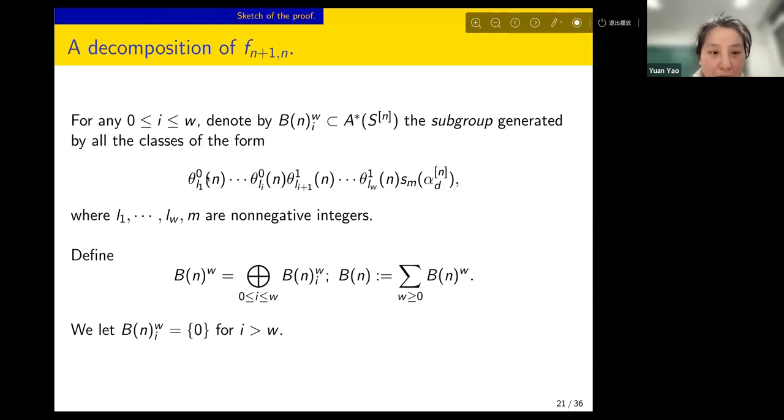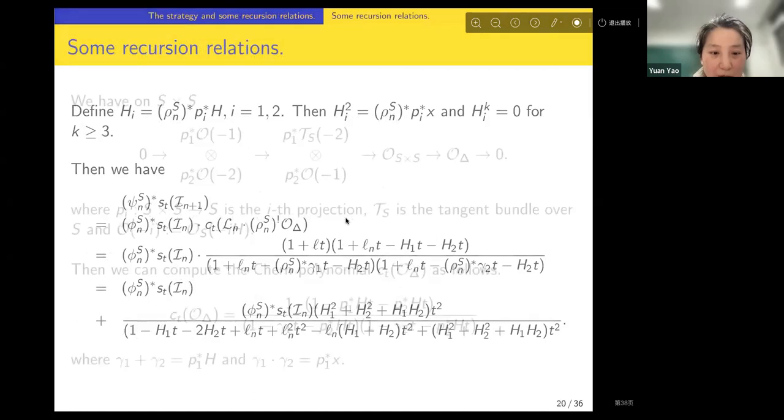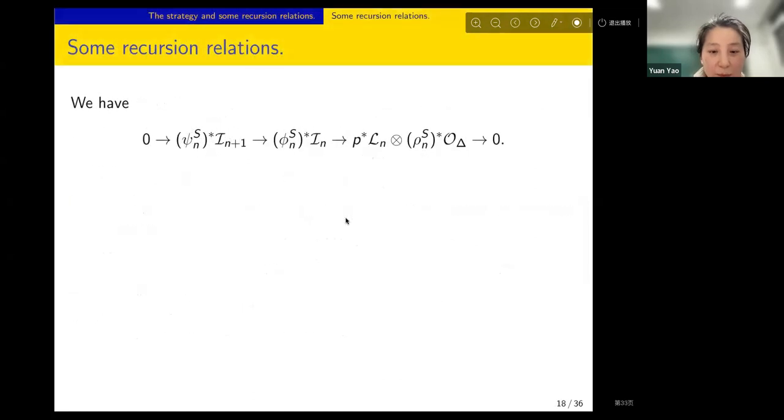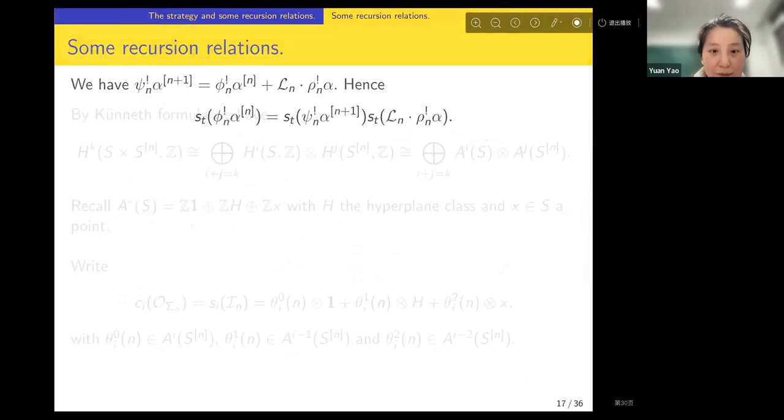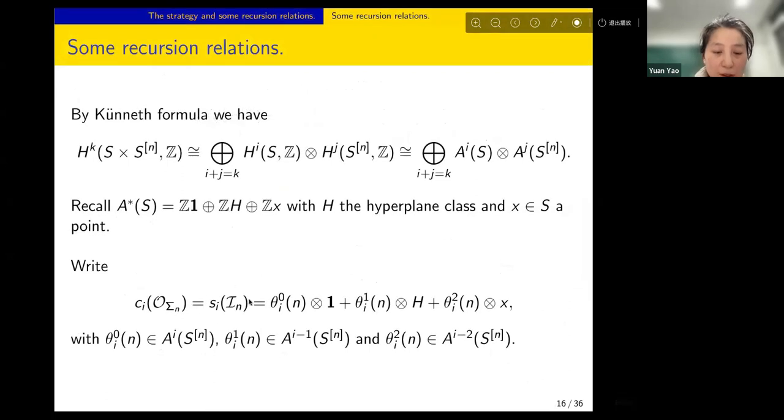So I put together. Here you see I have 0 and 1. If you remember, in principle they should have 2. So for Chern class, the decomposition tells us there should be 0 factor and 1 factor, and there's 2. But I don't use this 2. The theta upper 2, I don't use it since it won't appear.